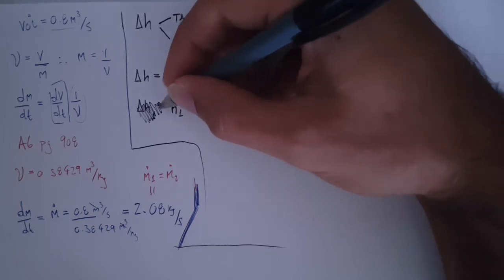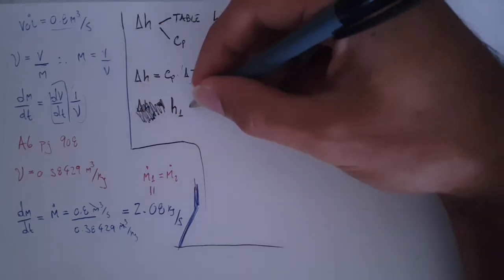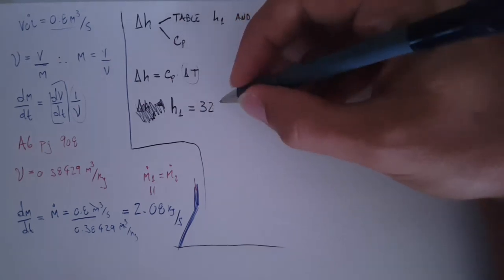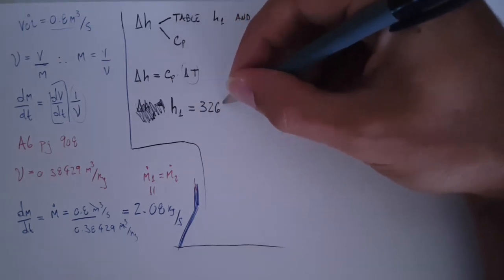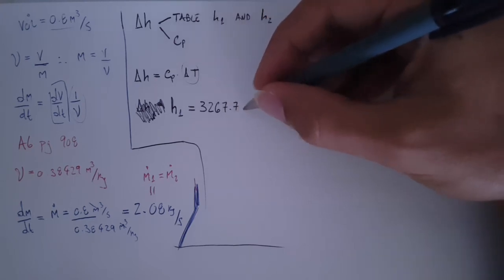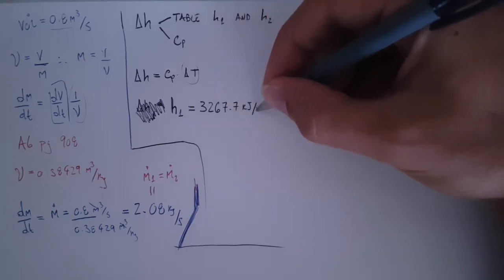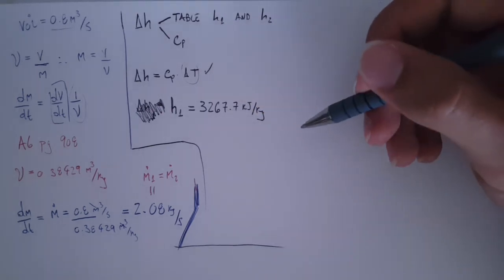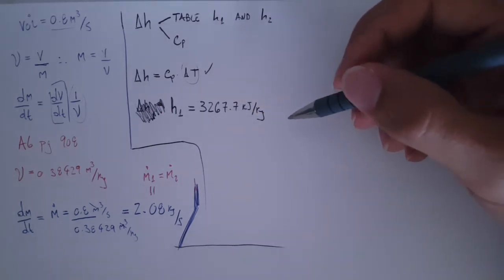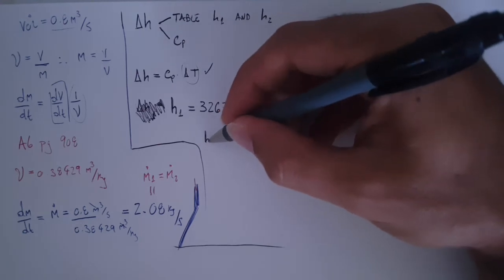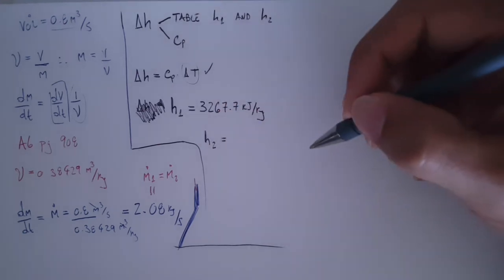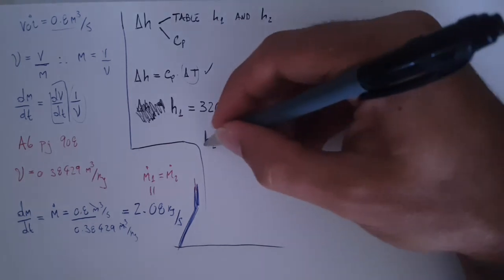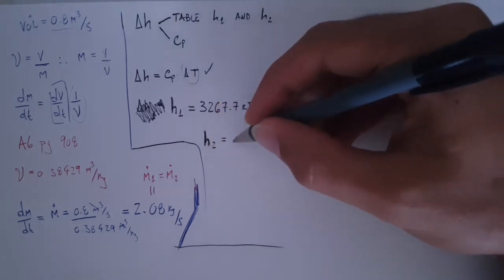So for h1, from the table, I've got 3,267.7 kilojoules per kilogram. You're welcome to do the other way if you want. The other thing to notice is that state 2 is going to be a superheated state, not a saturated state.